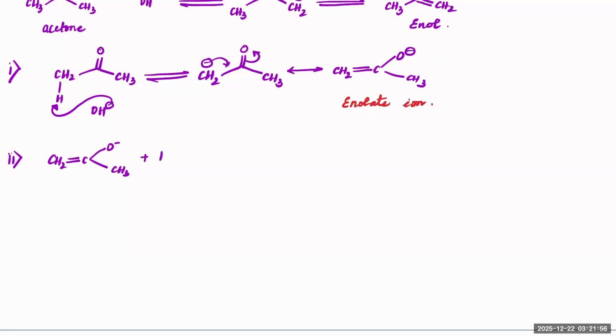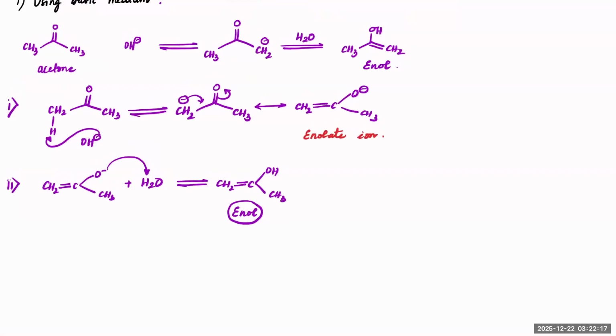And when you treat this with water, it will take H plus and convert itself into CH2 double bond C, OH and CH3. So what we got here is the enol part. So we started off with ketone, and we ended up at enol.